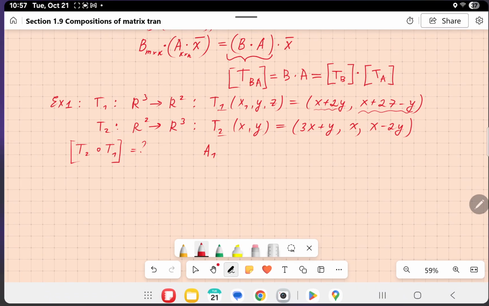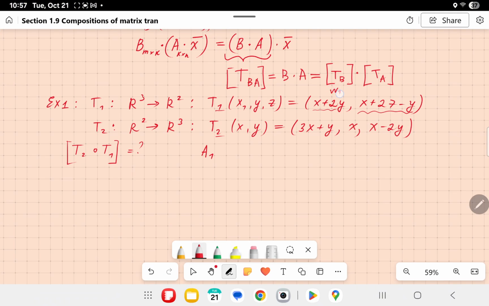If you write it down like W1 equals this and W2 equals this, the coefficients are going to be 1, 2, 0, and 1, minus 1, 2. Sorry, I messed up a little bit how it was written.